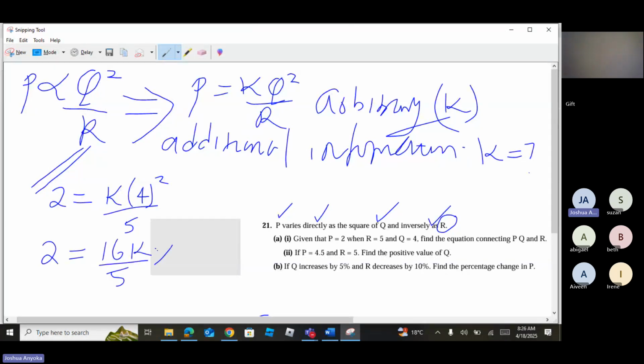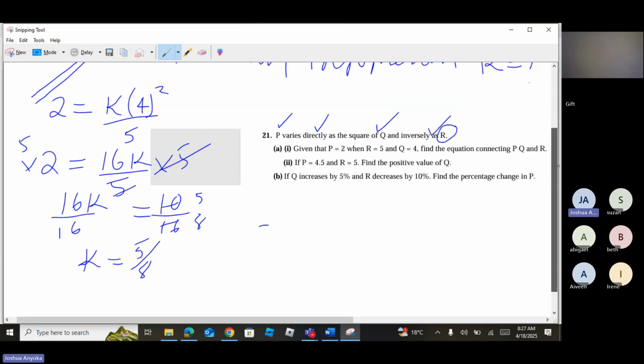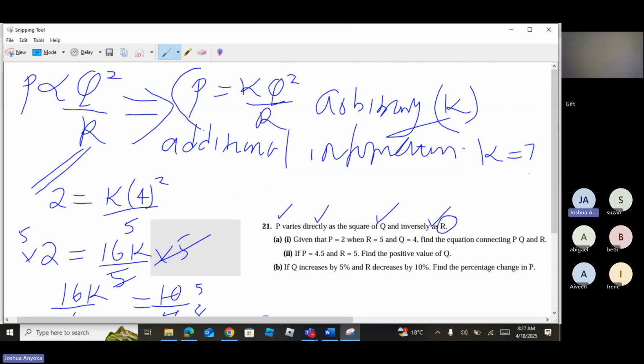Times 5 on both sides, so 16K is equal to 10. So we work out the value of K by dividing by 16. So K is equal to 5 over 8.